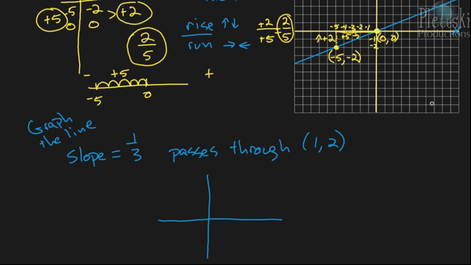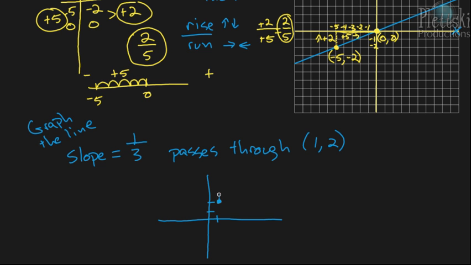Let's put the point on the graph first. 1 and 2. There's our point. Now to draw the graph, remember the slope is simply the change in y over the change in x. Well, we have a point, so we can start at that point and find another point that'll be on the line by using the slope.